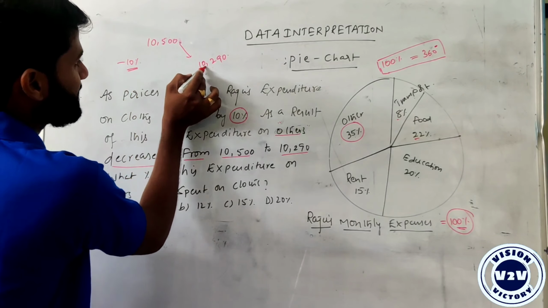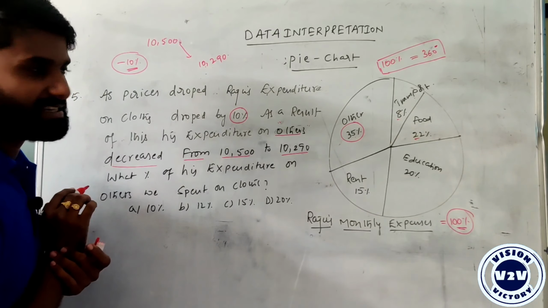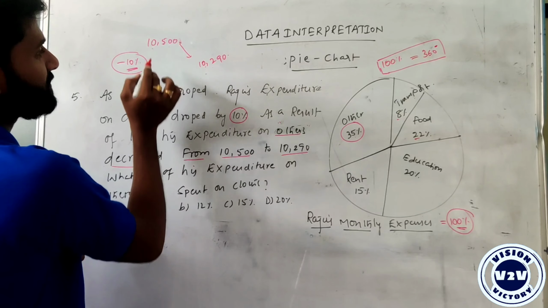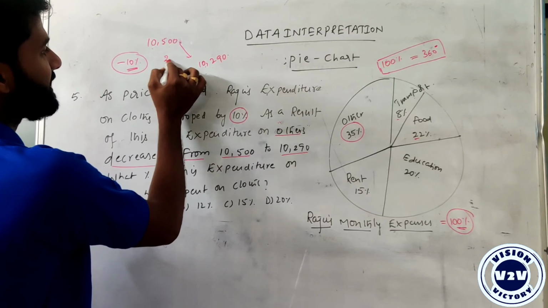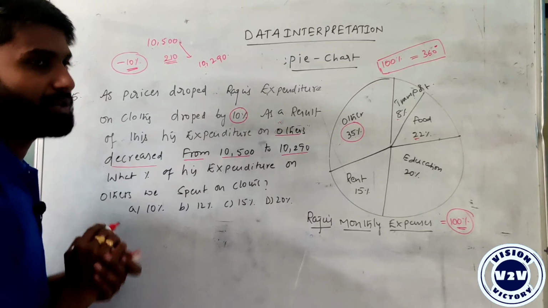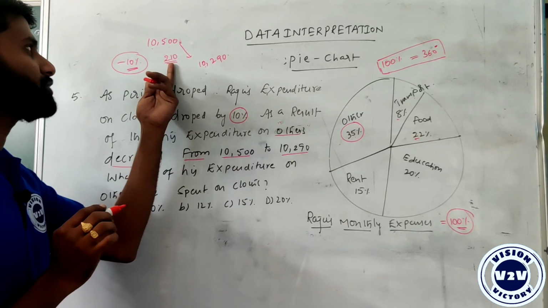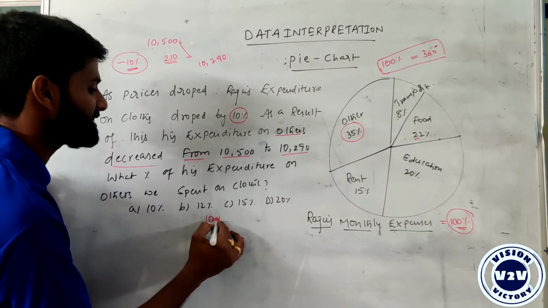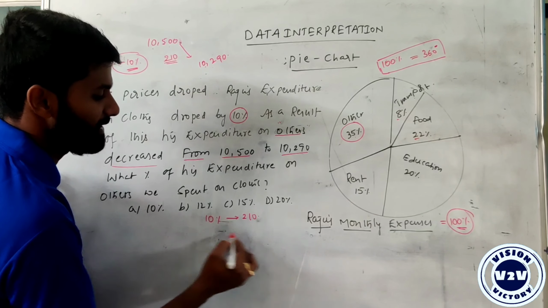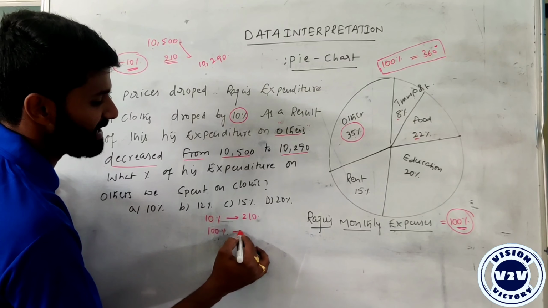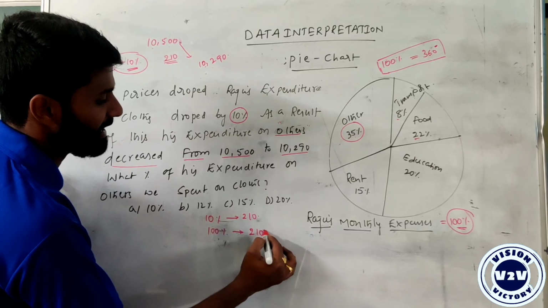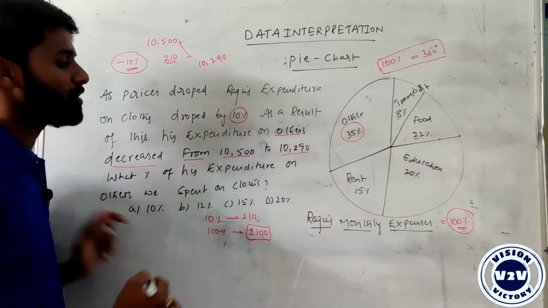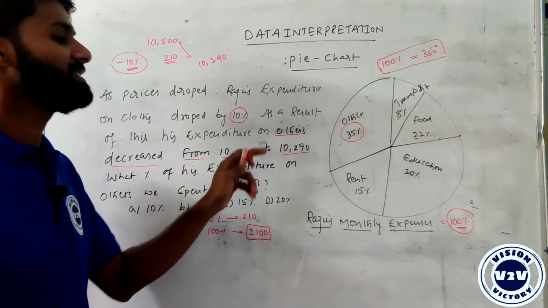Here the value decreases because of this 10% decrease. It means 10,500 becomes 10,290, which is a decrease of 210. If it decreases by 210, then 10% of the value is exactly equal to 210. Then 100% value is exactly equal to 2,100. It means he spent 2,100 rupees on clothes only.